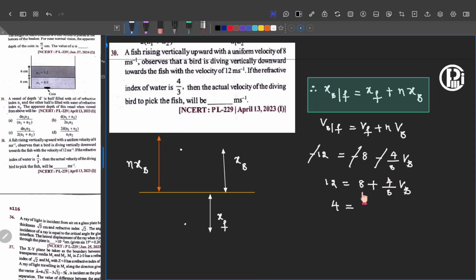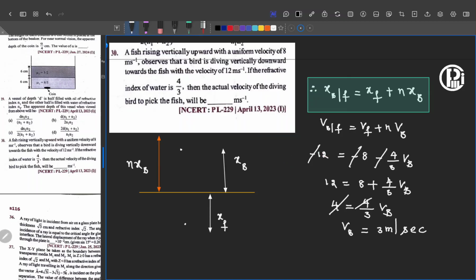So 4 is equal to 4/3 into VB. Therefore this 4 gets cancelled. You could say this VB is equal to 3 meter per second. That is the answer, right? So that's a question again on the refraction at plane surfaces.